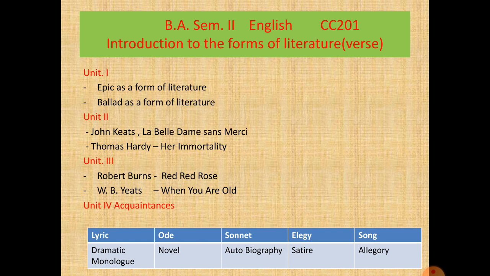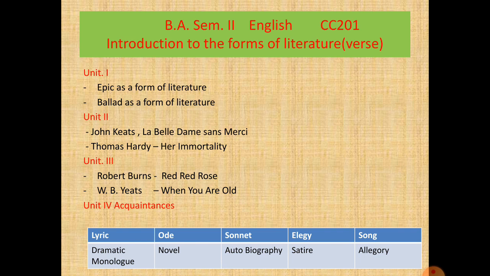In drama, we have tragedy, comedy, or tragicomedy, and in prose, we have novel, short story, essay, or autobiography. In the same way, in poetry, we have lyric, ballad, elegy, epic, sonnet, and an ode.